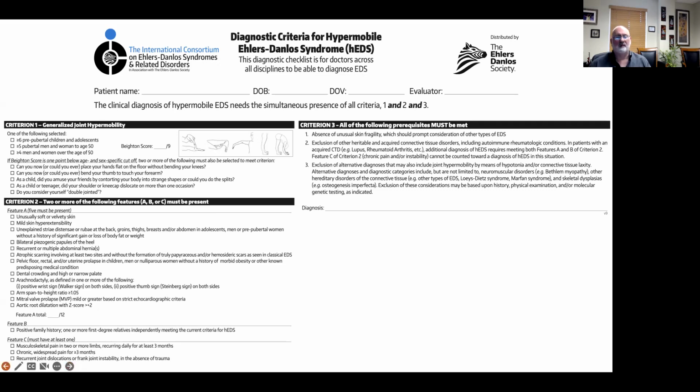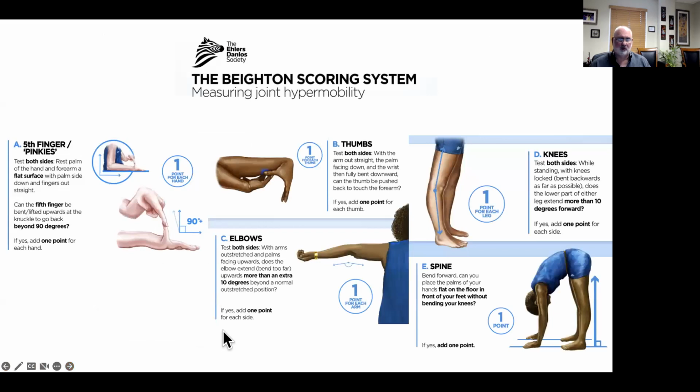So the Beighton score is very important because if you are hypermobile, it does give that clue that your joints are hypermobile. And the Beighton score is very easy to do. These pictures show you how easy it is to do. A lot of people who are hypermobile don't have any issues too.